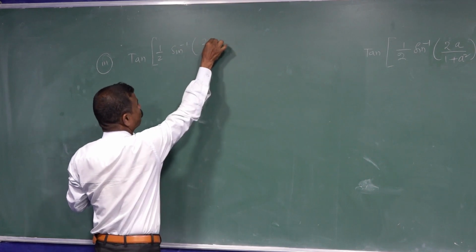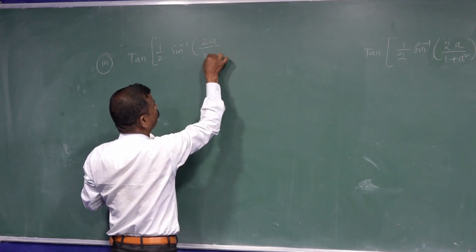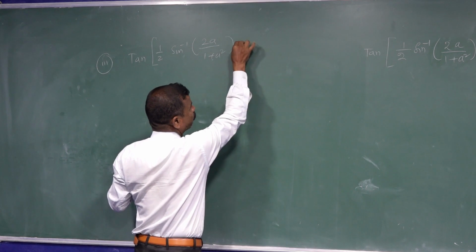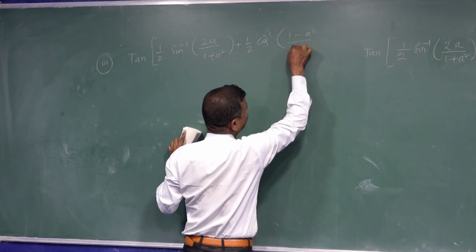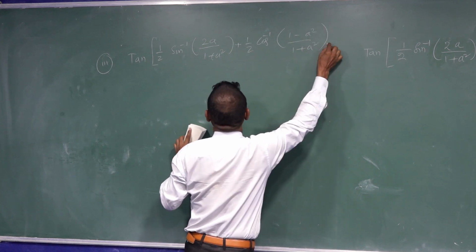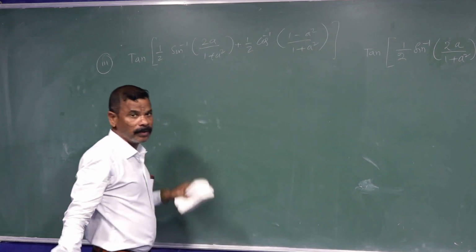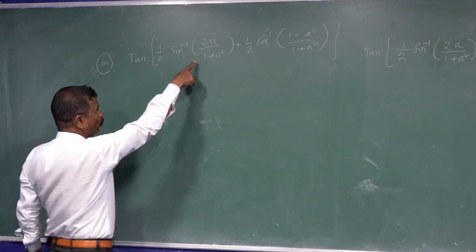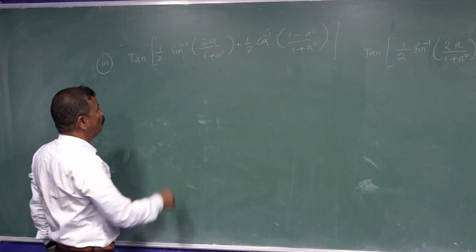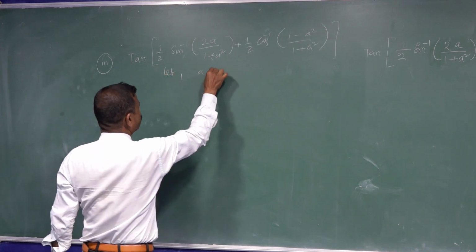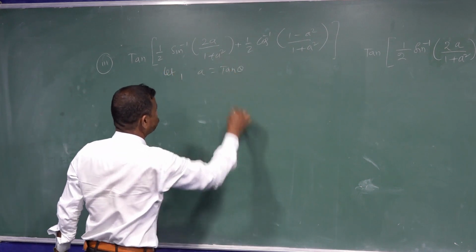Sine inverse of 2a by 1 plus a square plus 1 by 2 cos inverse of 1 minus a square by 1 plus a square. Close. Here 2a by 1 plus a square, there 1 minus a square by 1 plus a square. Let a be equal to tan theta.